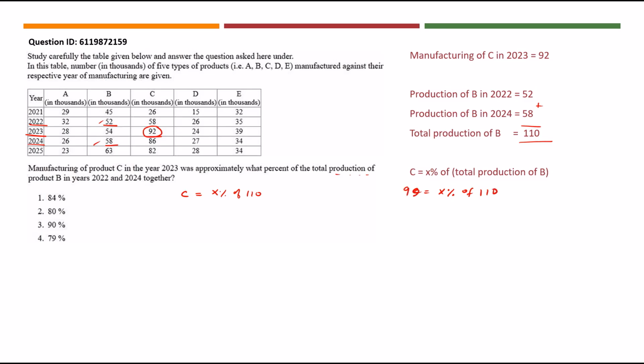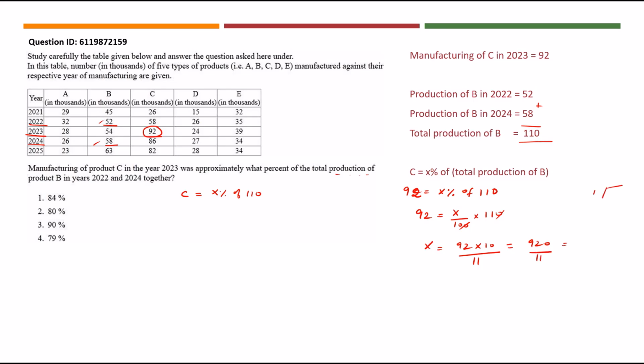Instead of C, we can have 92. 92 is equal to X divided by 100 into 110. 10 and 10 will go. To find X, we have to take 10 to the other side and bring 11 to the denominator. So this will be 920 divided by 11.